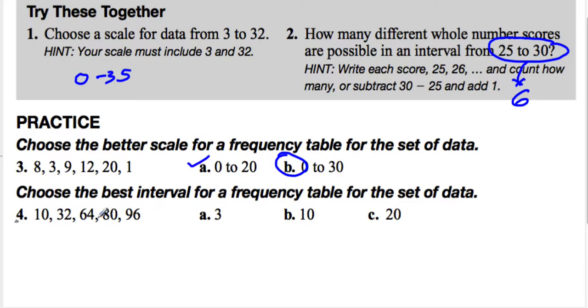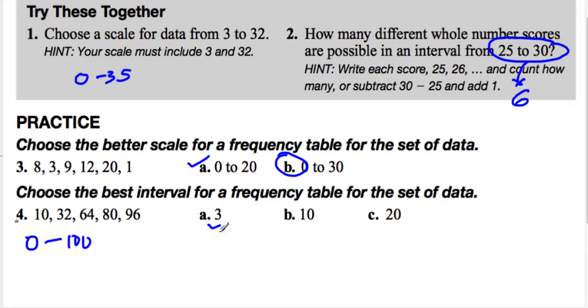Now in number 4, choose the best interval for a frequency table for the set of data: 10, 32, 64, 80, and 96. If you use intervals of 3, what would happen? First, before we talk about intervals, we need to create a scale. Since the least number is 10 and the greatest number is 96, a good scale would be 0 to 100.